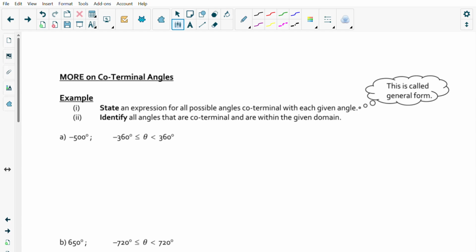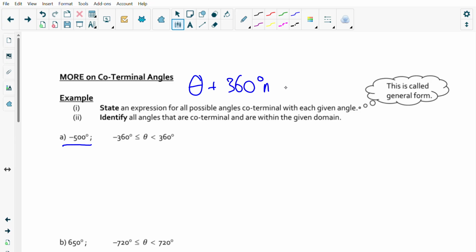So let's do this. Here's the angle that I start with, negative 500, and then state all possible coterminal angles within each given angle. Identify all angles that are coterminal within the given domain. Okay, so again, for this page, there's two formats, right?